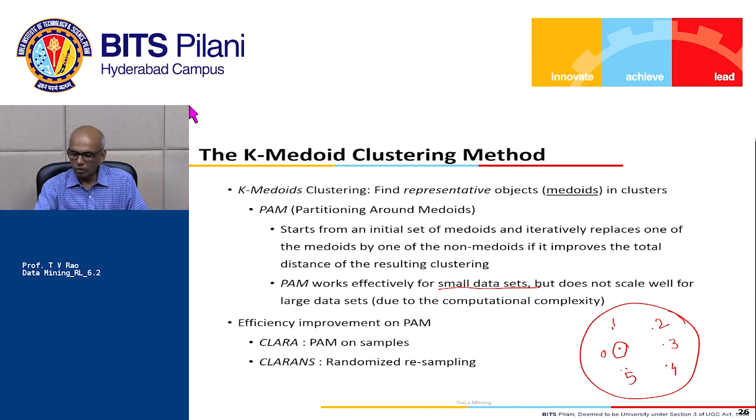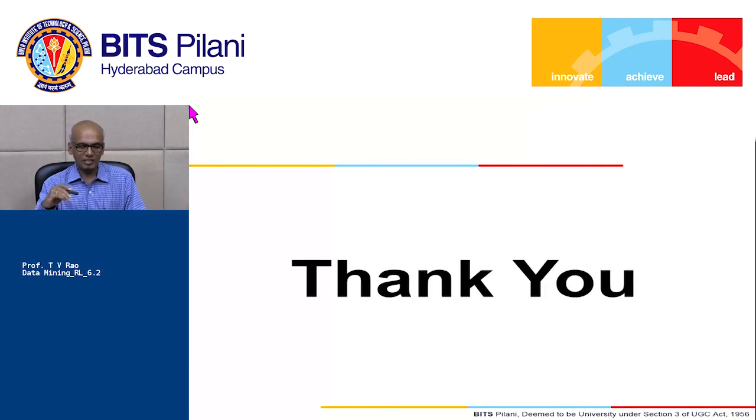So for finding a new medoid, we need to do a complex calculation. That is going to increase the order by the number of data points that we have in our space, which we are trying to cluster. Because of that, this significantly increases the computational complexity when we have large data sets.